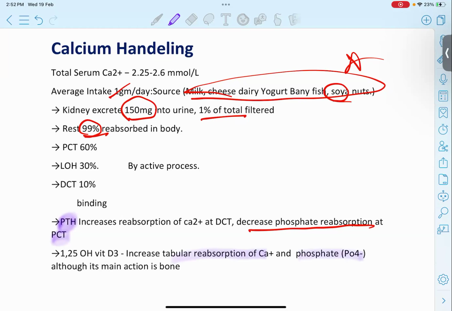But the main function of vitamin D is at the bone, in bone resorption and calcium reabsorption. So the main point is that parathyroid hormone will increase calcium reabsorption in the DCT, but decrease phosphate reabsorption in the PCT.